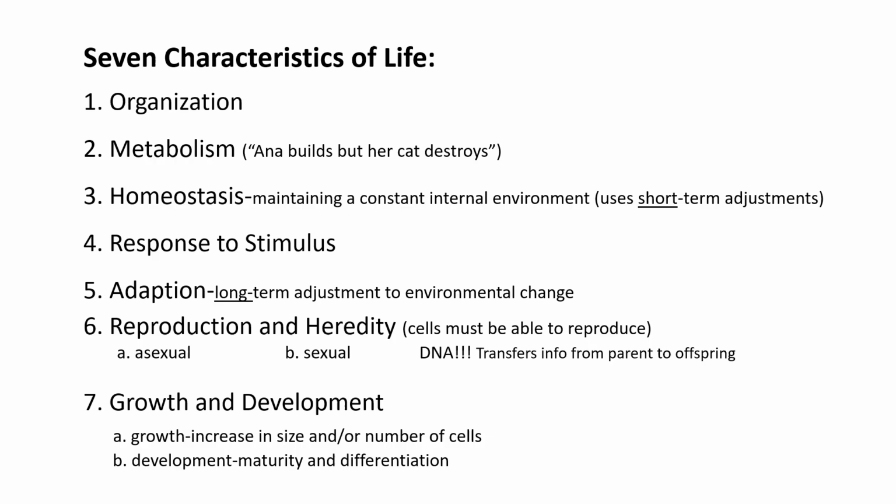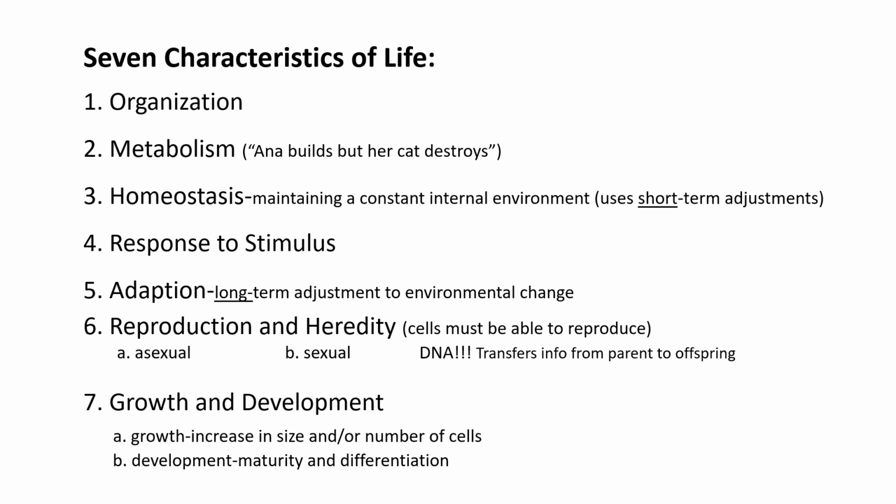Another adaptation that the book points out is the ability of organisms to form symbiotic relationships with another organism of a different species. So all forms of life must also be capable of reproducing and passing genetic information along. This also includes the ability for individual cells to reproduce and pass on its genetic information.